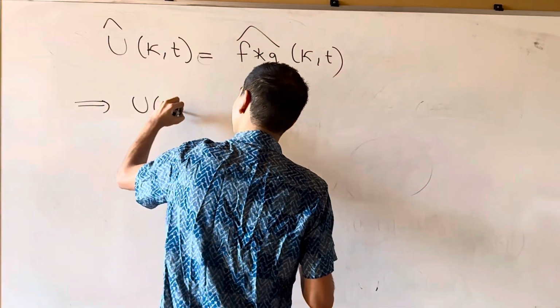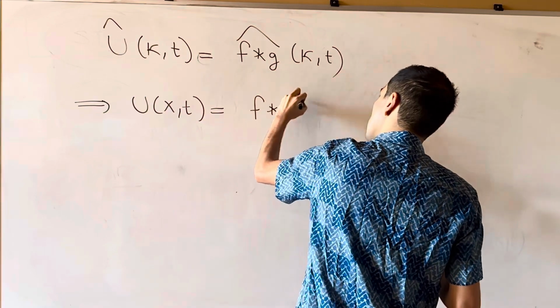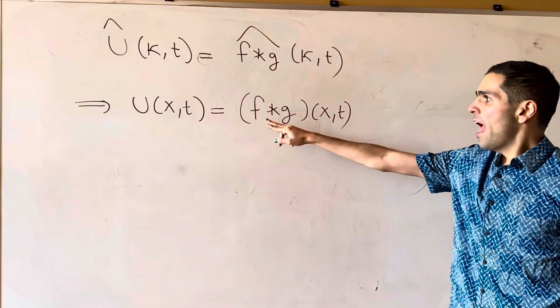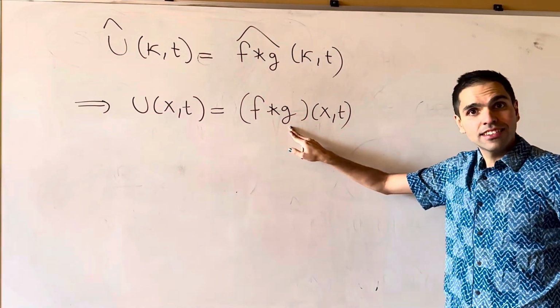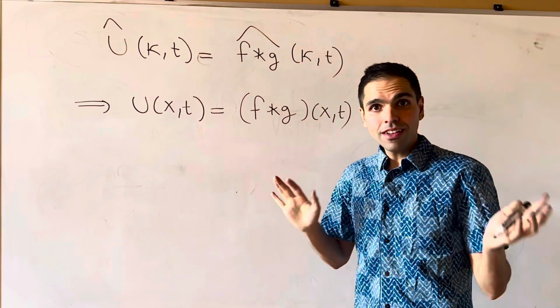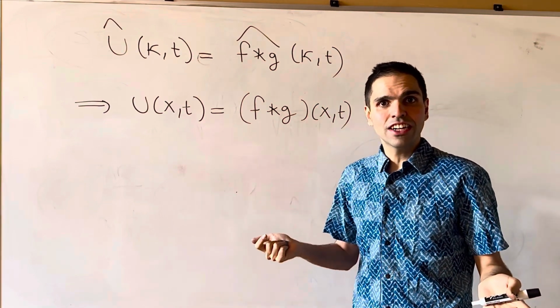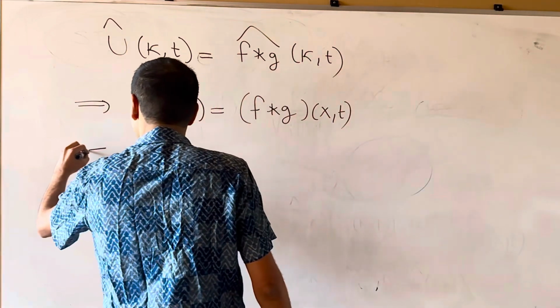So now u of x,t is f star g of x,t, where f is our initial condition and g is the heat kernel. So we have finally arrived at the solution of the heat equation, which is the following, to summarize.